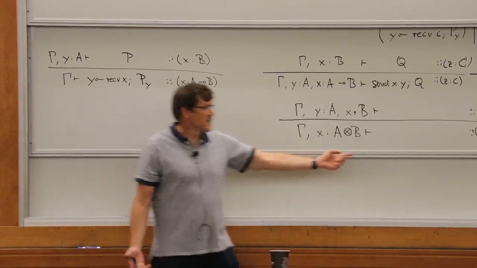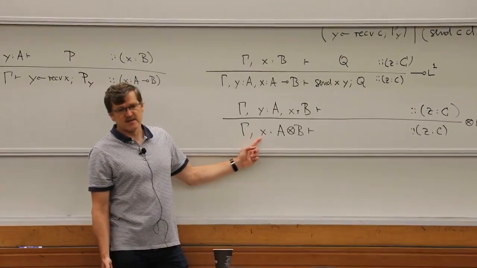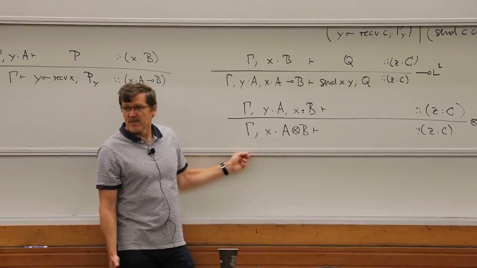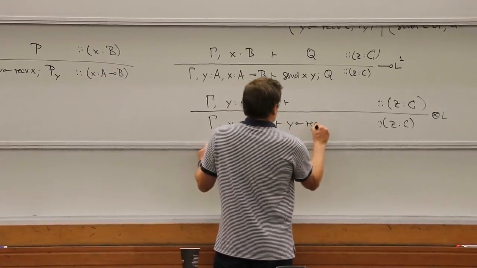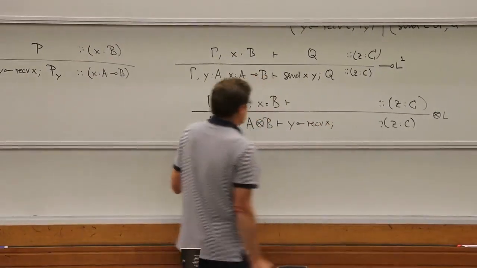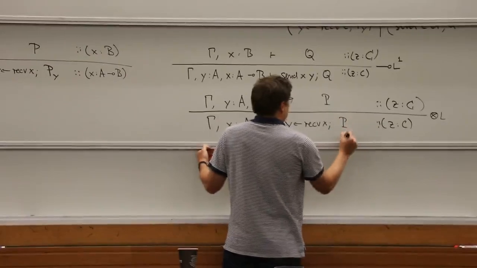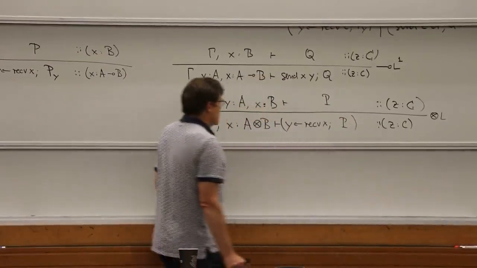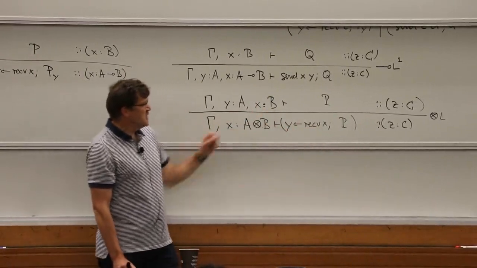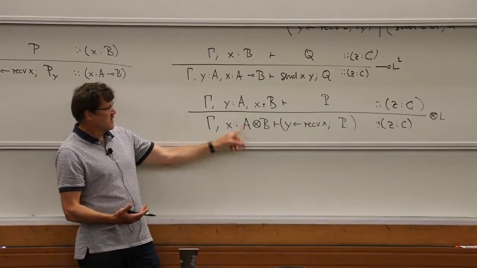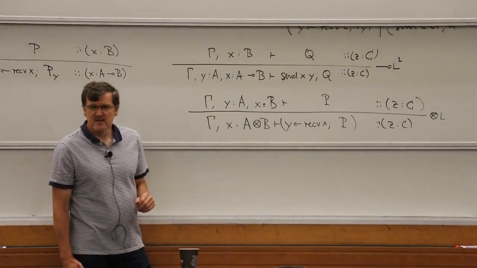It can't come from z. The only place it comes from is x. So we receive from x the y, and then the channel x changes type. It goes to B because we have received our channel of type A, which we call y, as we continue with P. Make sense?